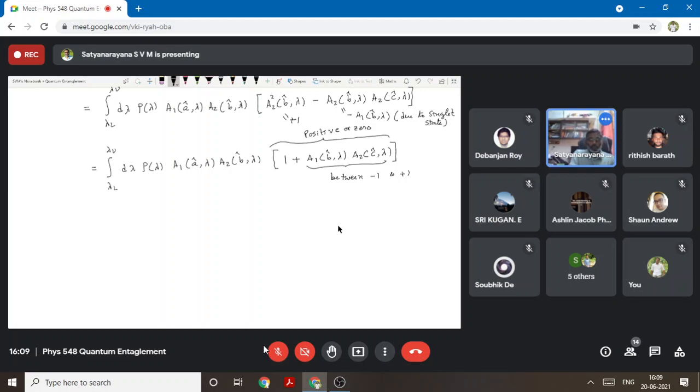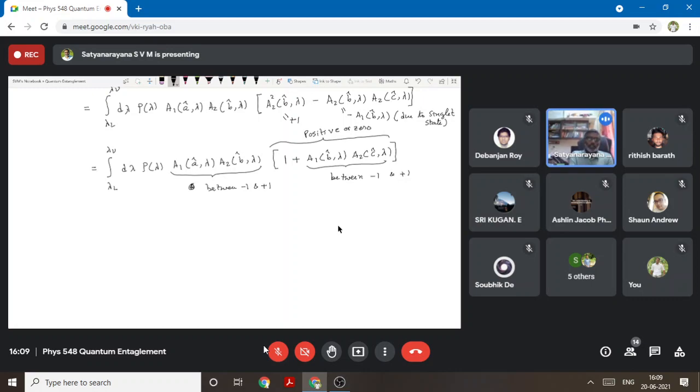Now, as you pointed out, this one is also between -1 and +1. Okay, so now I can say that the maximum value is +1, right?